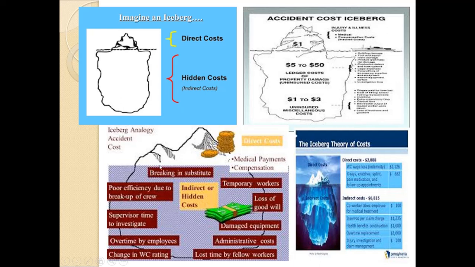Okay, what are the hidden costs, or we call the indirect cost? Number one is breaking in substitute temporary workers, loss of goodwill, damaged equipment, administrative costs, lost time by fellow workers, change in WC rating, overtime by employees, supervisor time to investigate, and poor efficiency due to the breakup of crew.